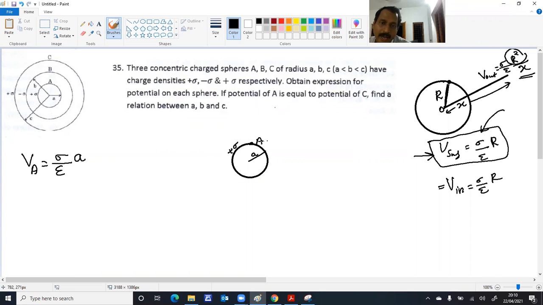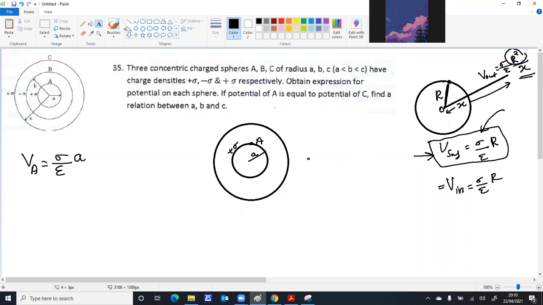Now I'm finding the effect at A due to another sphere. Maitri, you want to tell me what you're finding because of what? Yes, sir. So now if we take the sphere B contribution, point A is a point inside the sphere, so we'll use the inside sphere formula, which is sigma by epsilon.